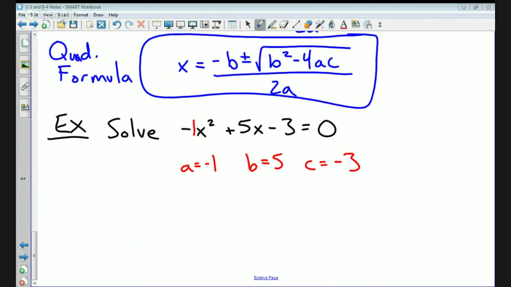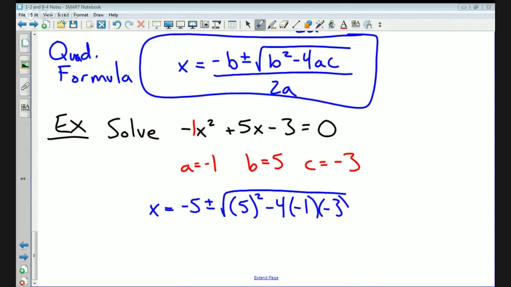All I have to do now is put those values into the quadratic formula and see what we get out. So here we're going to have x equals negative b, or negative 5, plus or minus the square root of 5 squared minus 4 times negative 1 times negative 3, that's a, c, all over 2a.